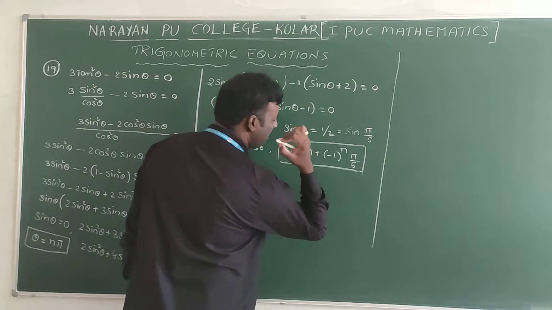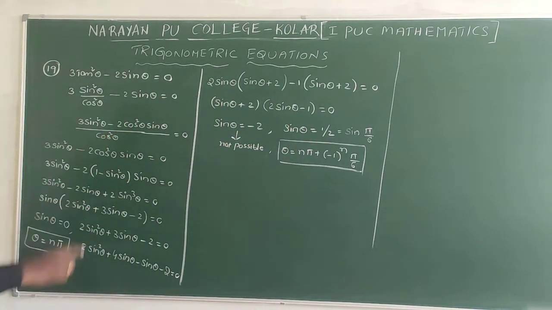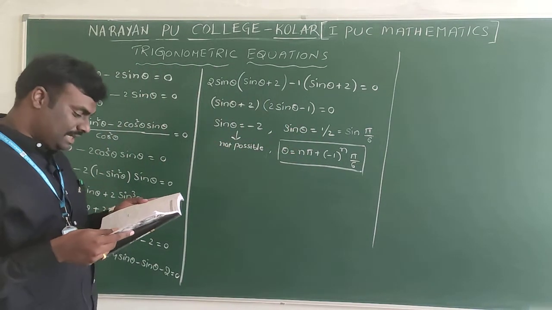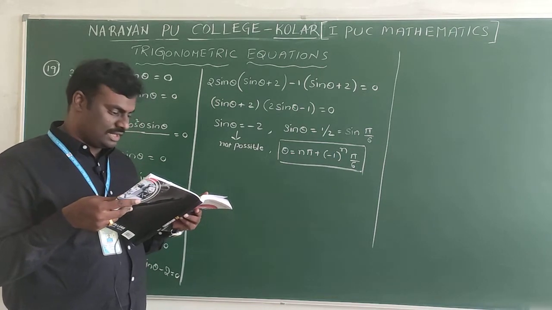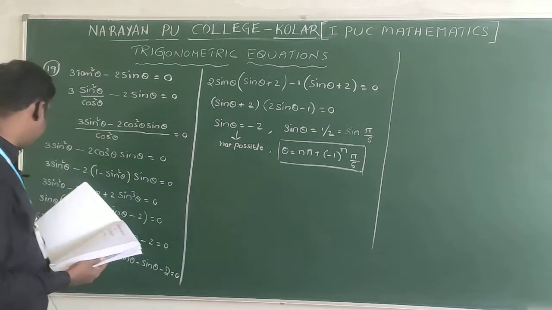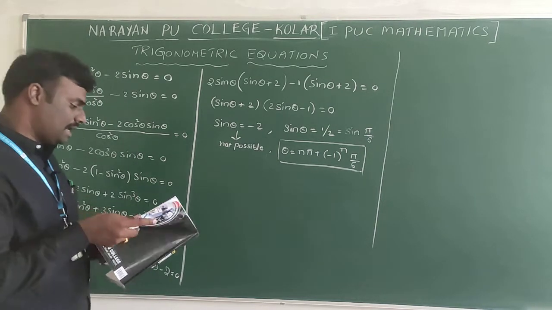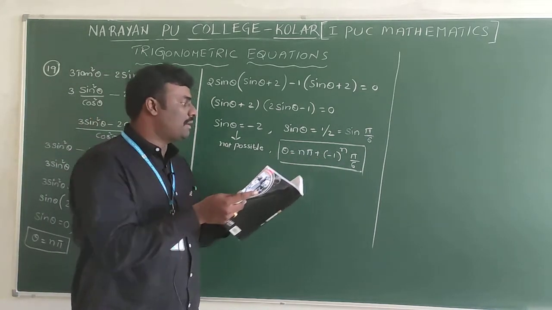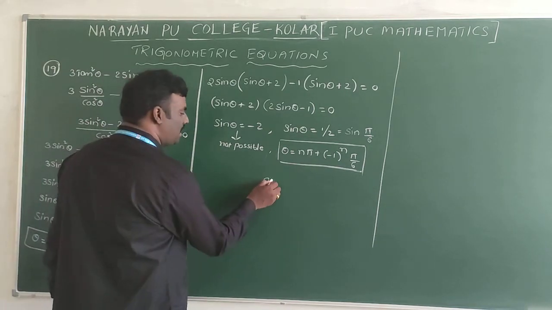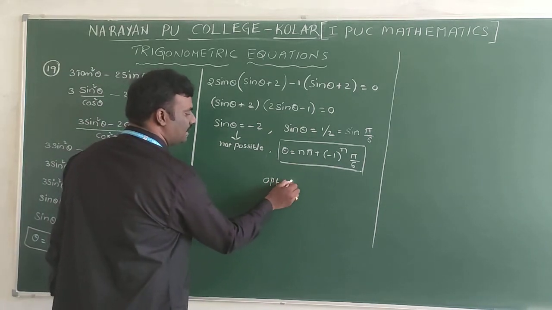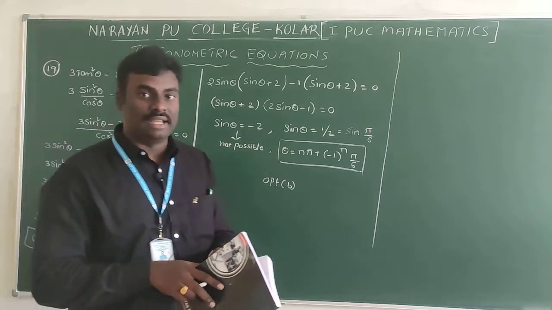So finally we got two general solutions. But in the 19th question, n pi is not given, while n pi plus minus 1 power n into pi by 6 is given. That is option B, the correct answer for question number 19.